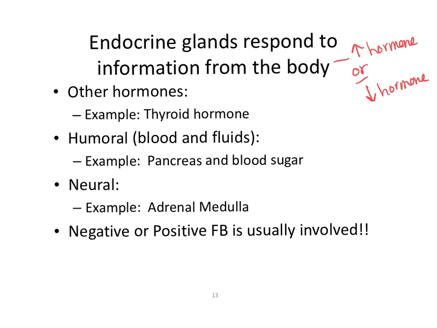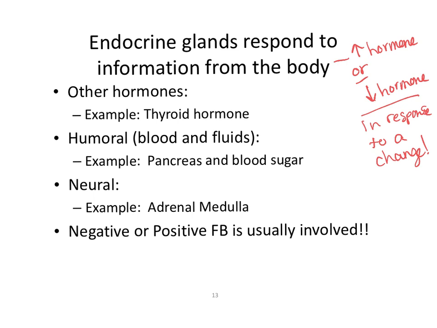How do they know whether they should release more hormone or less hormone? Well, they do it in response to a change. So it's always going to be in response to a change.